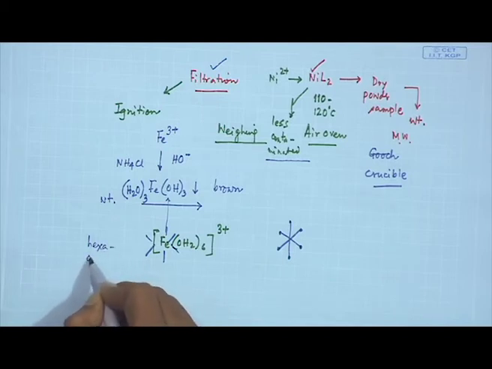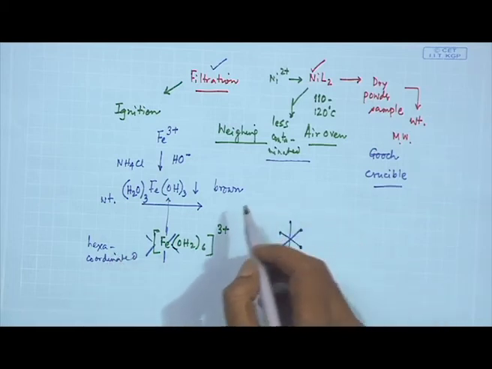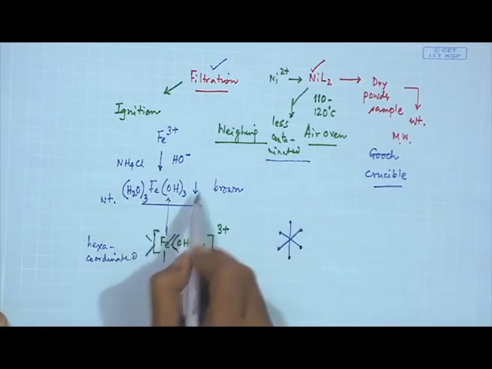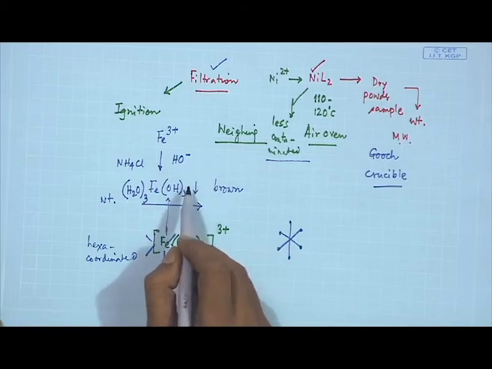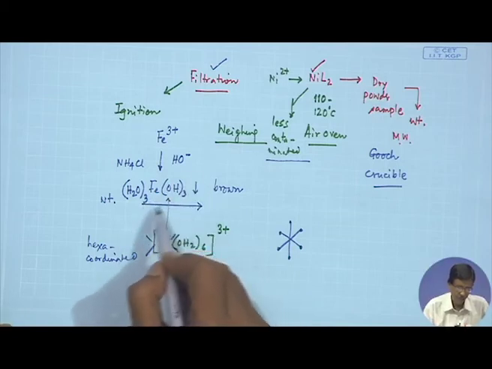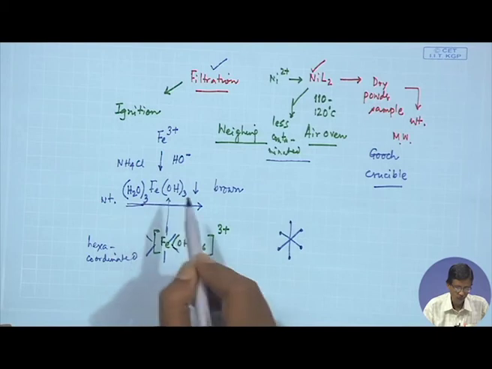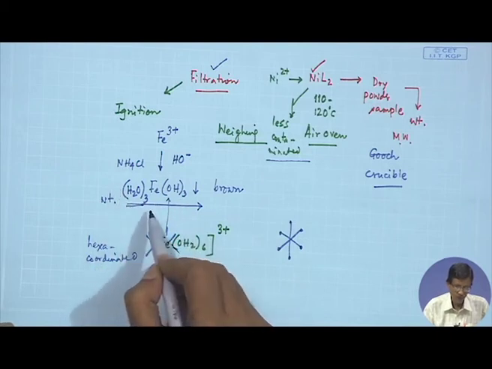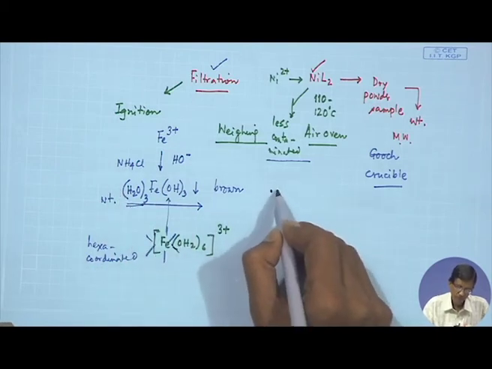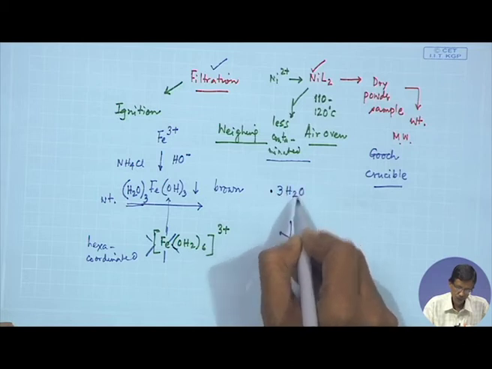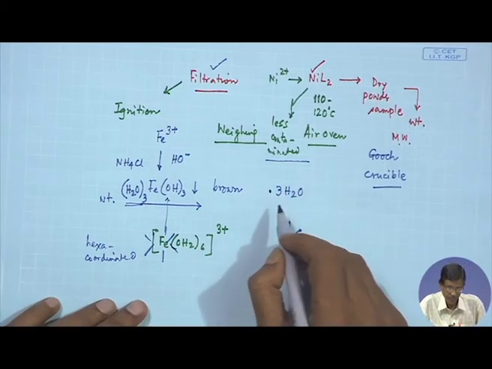So, what we should know is that whatever we write in the book is ferric hydroxide, but it is not the actual form. It has some water molecules attached to it. Even if you write something as 3H2O, it is very difficult to write that in the exact form.